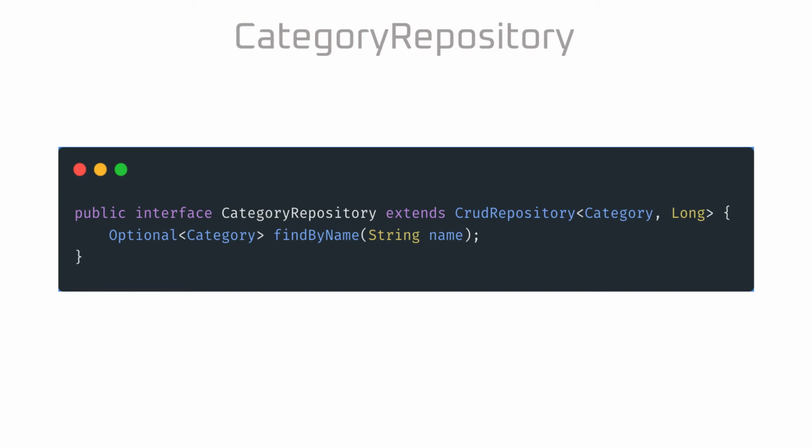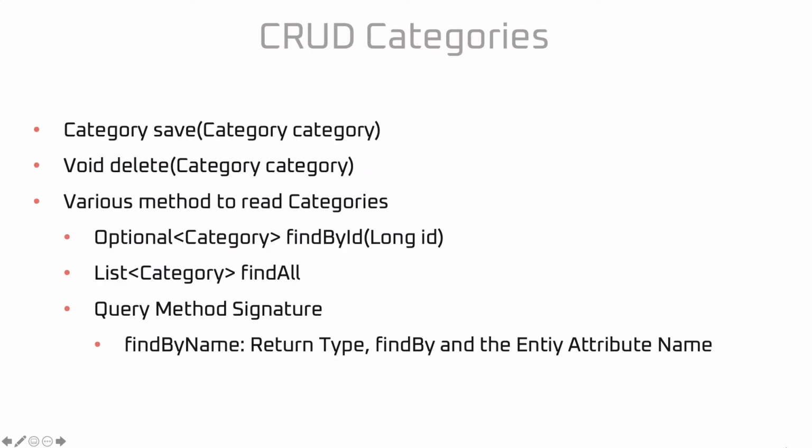So for category, we declare the interface CategoryRepository that extends CrudRepository, with Category and Long as the ID. After defining CategoryRepository, Spring Data automatically provides the methods to create, update, read, and delete categories.